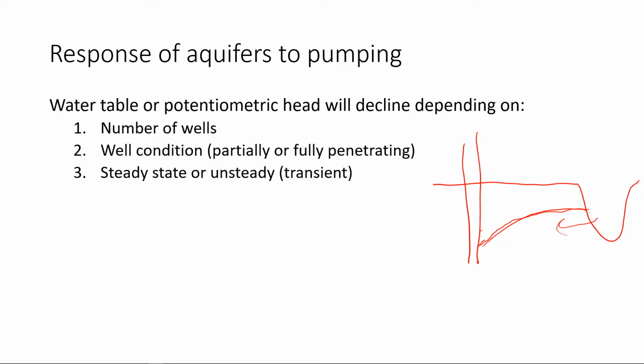This is called groundwater capture. Your water level is not decreasing, so you think you are using this sustainably, while actually you are getting this water not from groundwater, you're getting it from surface water. So you are capturing this from other sources.